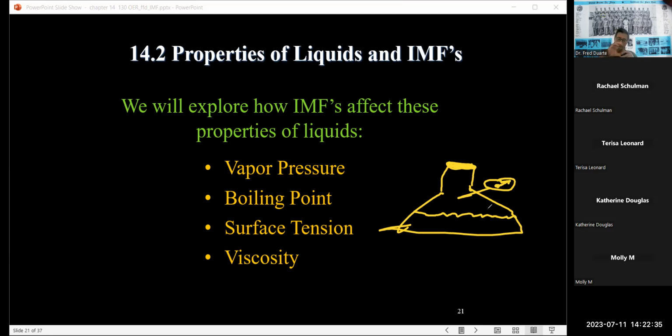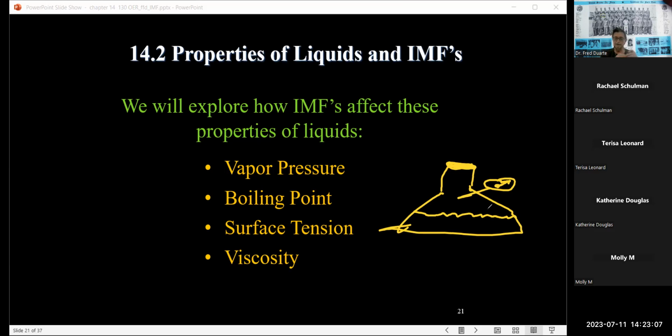Your capped, closed soda pop, in that clear space, there is a pressure, and that's called vapor pressure. Boiling point is simply the temperature at which a molecule goes from the liquid phase to the gas phase. Water, for example, has a boiling point of 100 degrees. Then we deal with surface tension, which is how a liquid interacts with a surface.